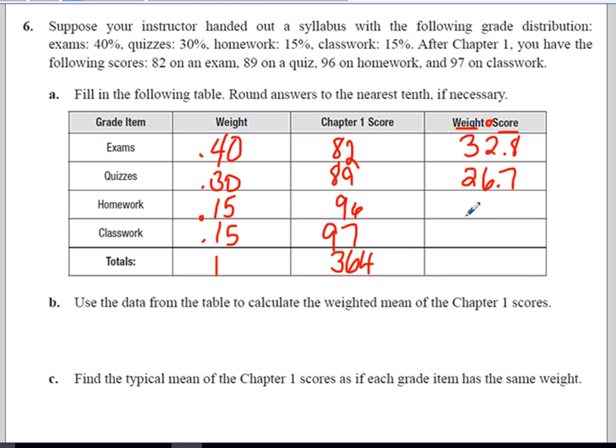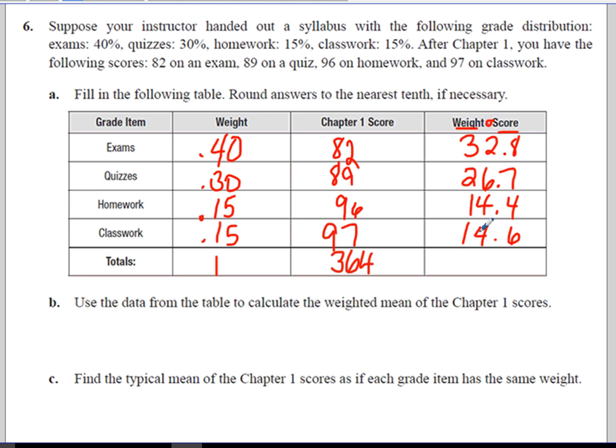Homework, 15%, so 0.15 times 96 will give us 14.4. Remember, it told us to round to one decimal place, the tenth. And then 15% of 97 will give us, oh, sorry, that was 14.4, and I wrote 0.6 because classwork is 14.6.